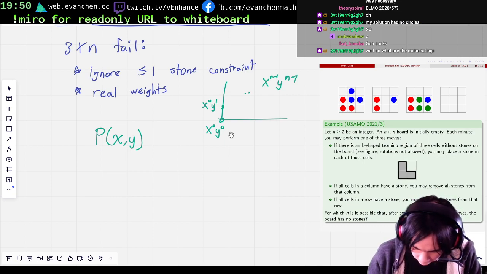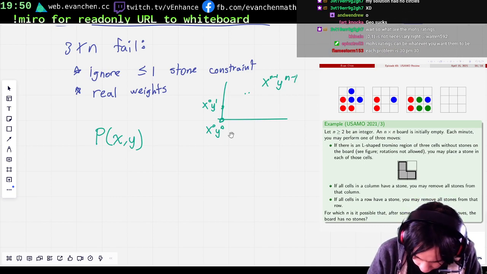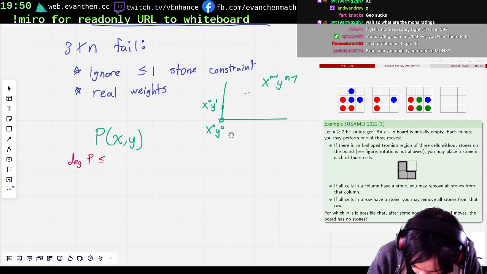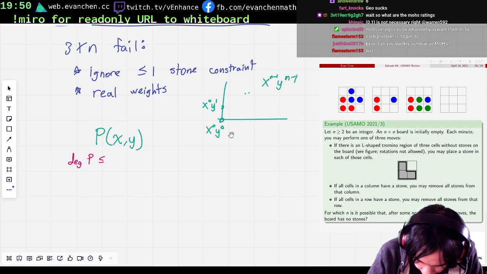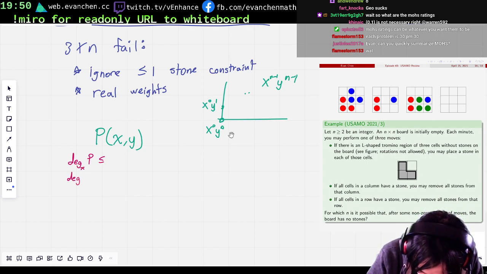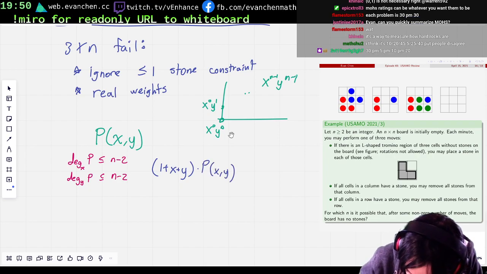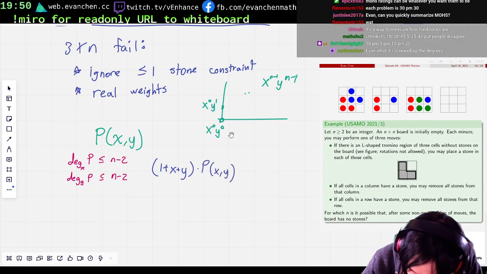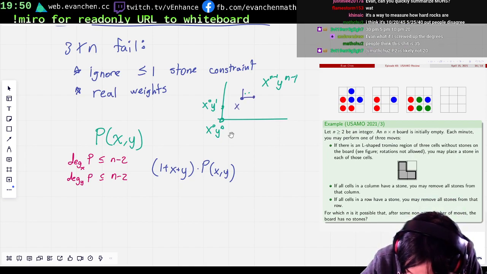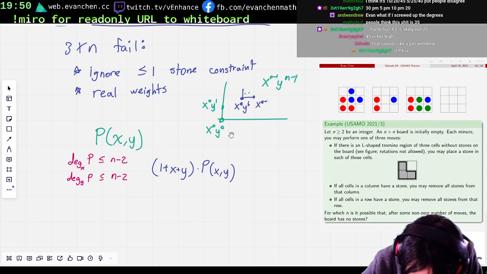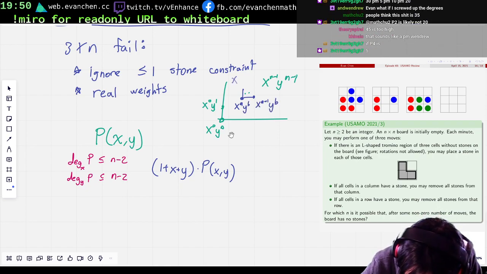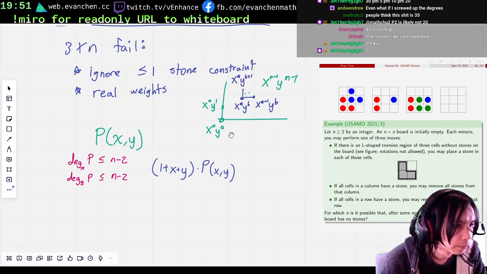So our operation corresponds to a polynomial p such that degree x, degree y are at most n minus 2, n minus 2, and we have 1 plus x plus y times p of x, y. So basically, you can pick anything that's not in the topmost row, and it's x to the a, y to the b, x to the a plus 1, y to the b, x to the a, y to the b plus 1. That's what we're going to do.